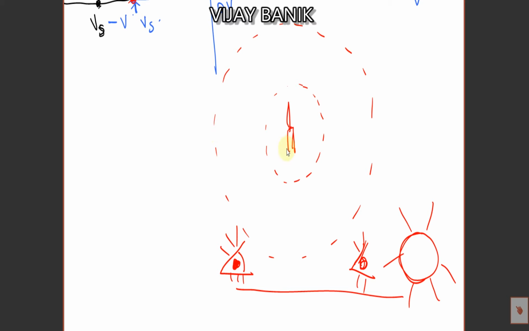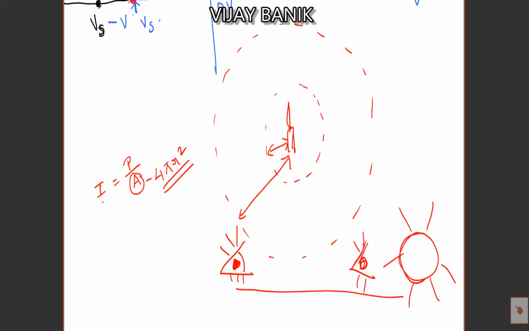So intensity is equal to the power divided by the area it spreads. Most of the time the area is actually 4 pi r square, because the intensity spreads like a sphere. That is the reason most of the time we use the area 4 pi r square.